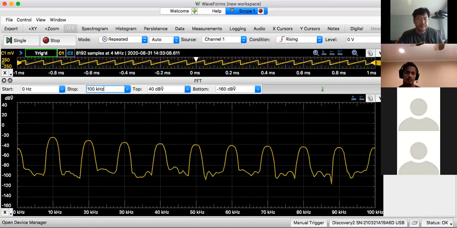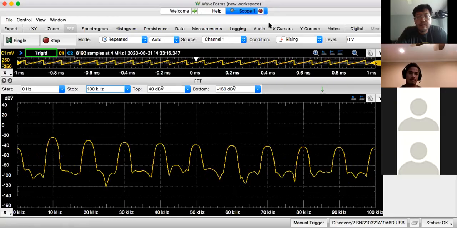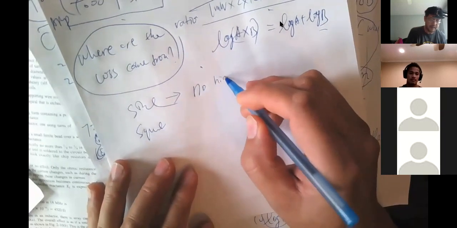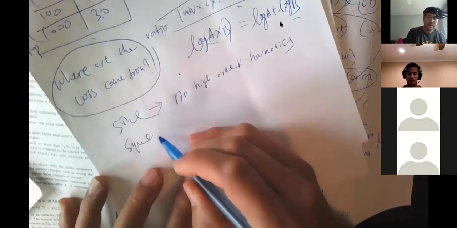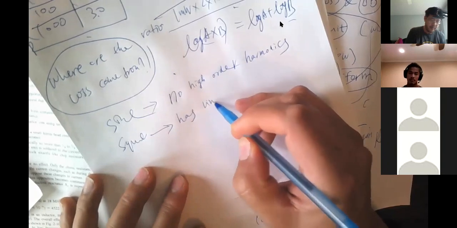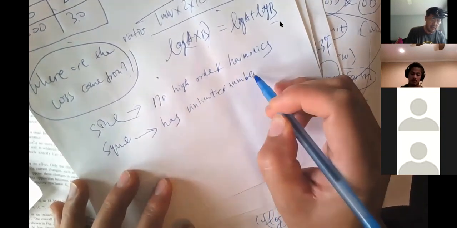So sine has no high order harmonic. Square has unlimited number of harmonics.